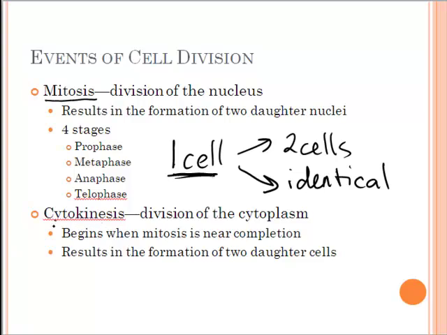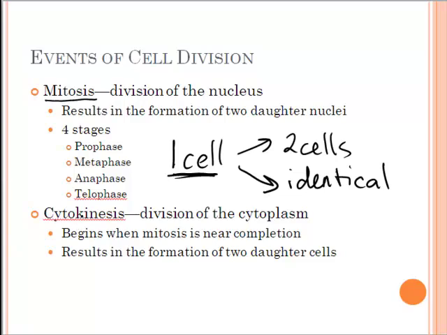Then there's also something called cytokinesis, and this is the actual breaking apart or division of the one cell into two. During these four stages of mitosis, we're mainly going to focus on what's happening with the DNA. Remember, the DNA is the information in the cell, and so it makes sense that in cell division we would focus on what's happening with the DNA.